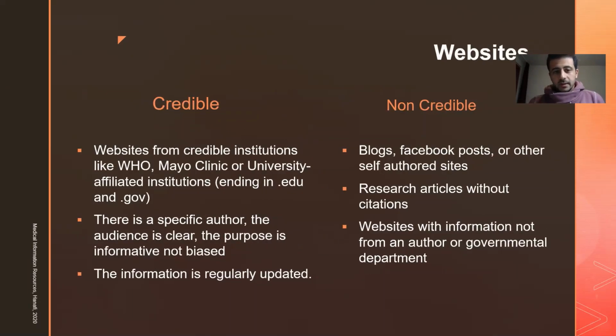For websites, when you are talking about the Mayo Clinic, WHO, websites from the NIH, National Institutes of Health, or from NICE in the UK, all these websites are recognized by institutions and you can rely on them. But of course, you can't rely on blogs, posts, or research articles that are not cited anywhere, and a lot of those can be found on Google Scholar.